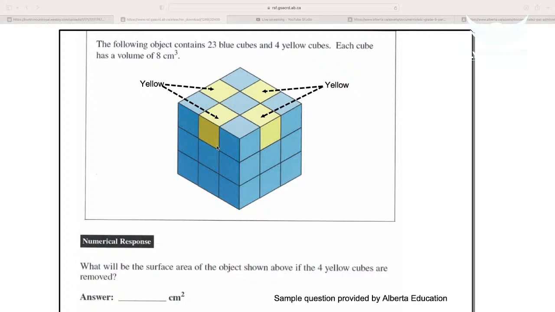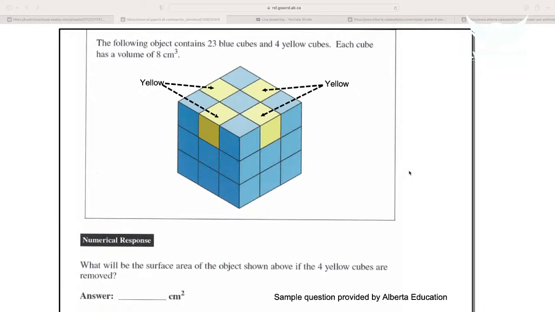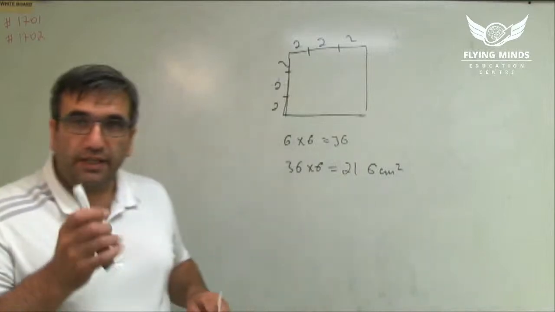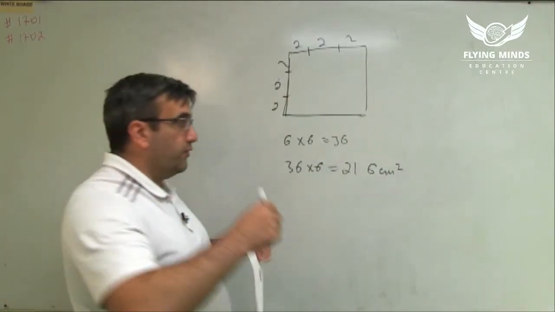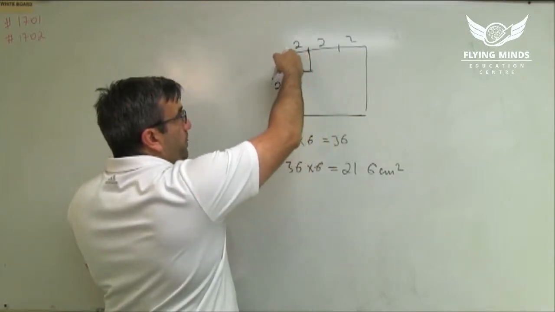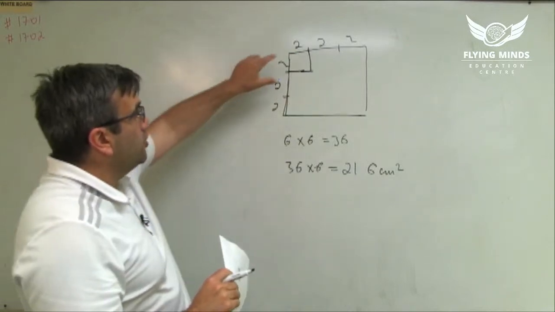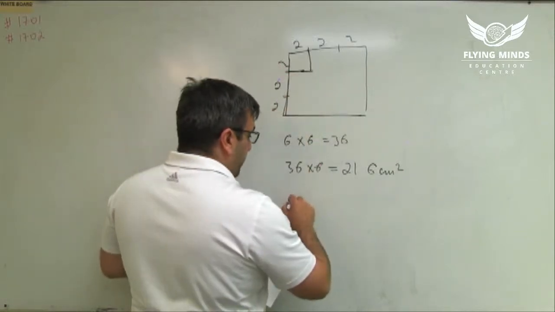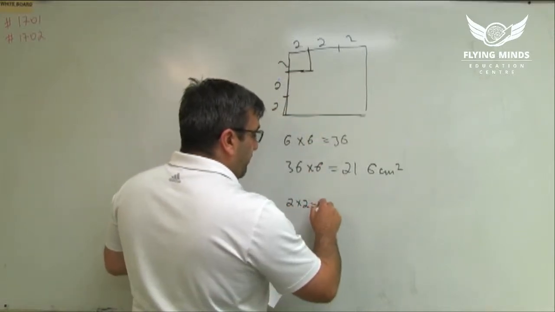We remove 2 and add 4, so we add an additional 2 faces. What will be the area of each face of the small cube? Because the small cube has an edge of 2, the area of each face will be 2 by 2, which is 4.